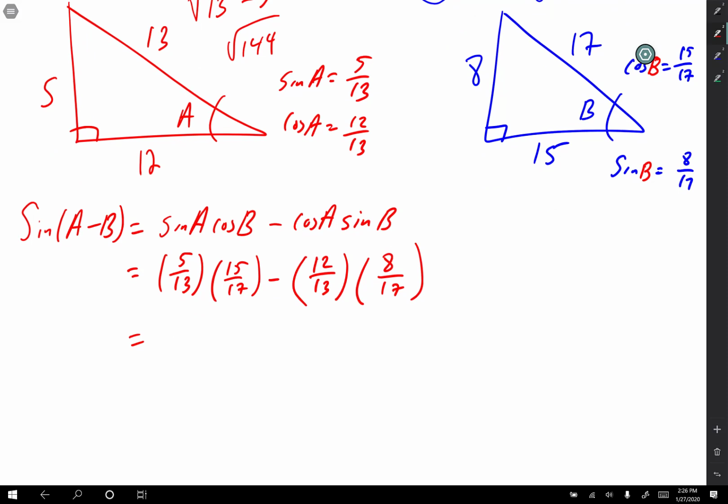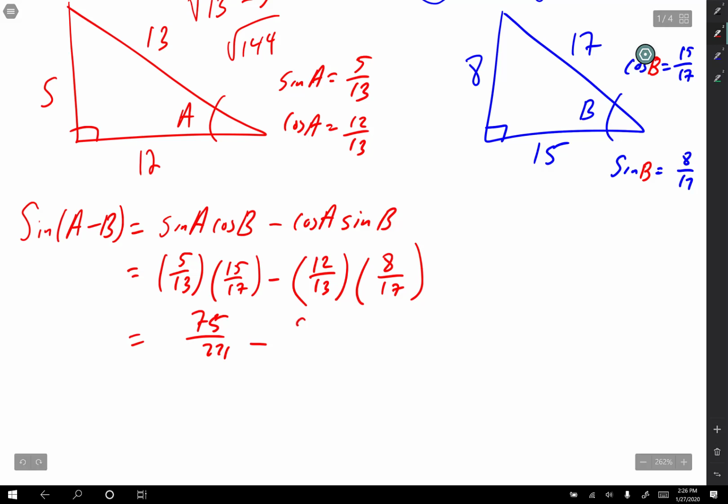Let's see, 5/13 times 15/17. I'm all wrong today. Math fraction. 75/221 minus 12 and 8, 11 and 8, 88.